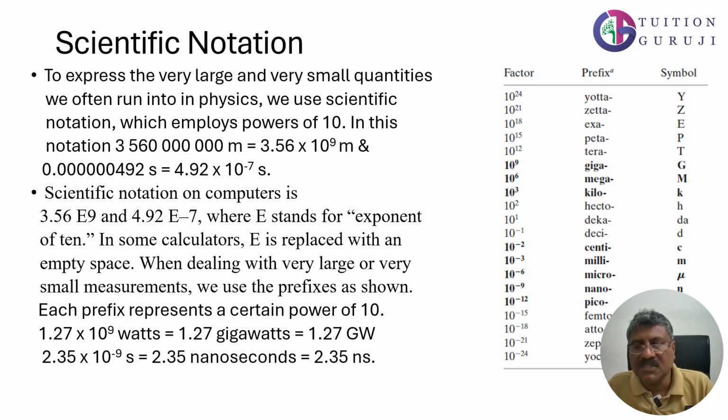Coming down, 10^-1 is deci, 10^-2 is centi, 10^-3 is milli, 10^-6 is micro, 10^-9 is nano, 10^-12 is pico, 10^-15 is femto, 10^-18 is atto. Like that it goes.